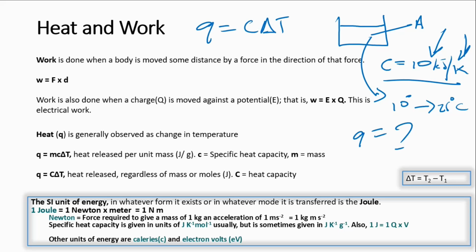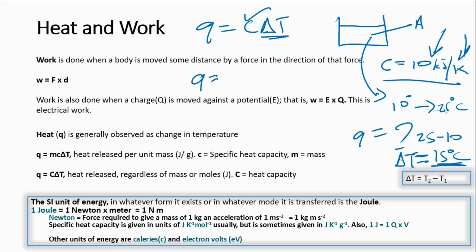Now, I know C, so I have C already. What is delta T? Well, I can just take the difference of these two, which would be 25 minus 10. And that looks to me to be something like 15 degrees Celsius. This is a temperature change. This is delta T. It's not T, it is delta T. Now, I'm going to do something and you're going to wonder what I am doing.